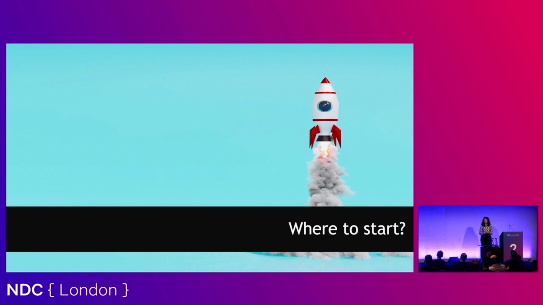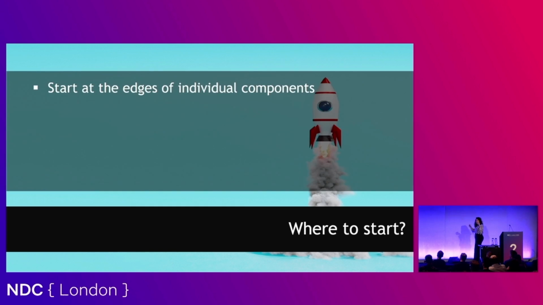And one of the things that I think is a good idea is to basically start at the edges of individual components. Because again, thinking that we are in this distributed systems landscape, right? And we have multiple components that are interacting together. Usually, our blind spots are where that inter-service communication is happening.